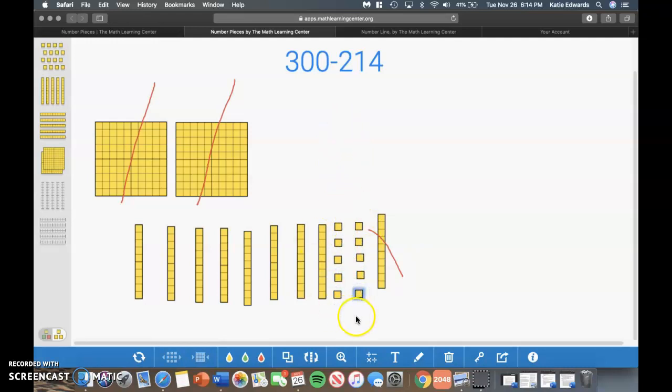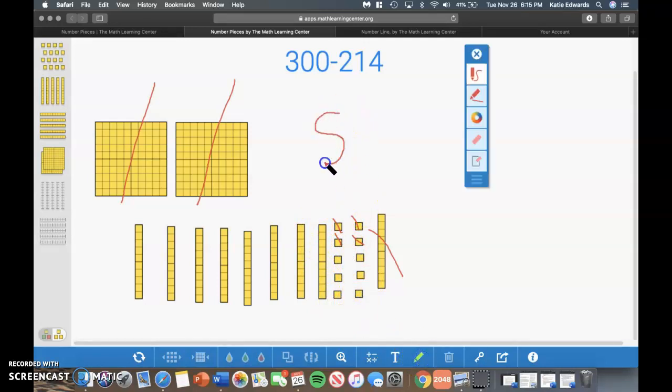And from these ones, they would take away 4, which we see in the problem right here. 1, 2, 3, 4. Now we only have 6 ones left. And this leaves 8 tens, which is 80, and 6 ones. So our final answer would be 86. 300 minus 214 equals 86.